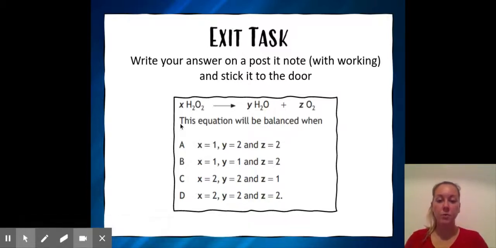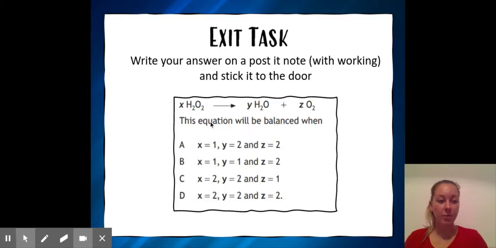If X equals 1, then we are going to have 2 hydrogens and 2 oxygens on the left, okay? Where X equals 1, that means we'd have to have 2 hydrogens on this side, so Y would need to be equal to 1. But if Z equals 1, we would have 3 hydrogens on the right. So that doesn't balance with the 2 on the left.